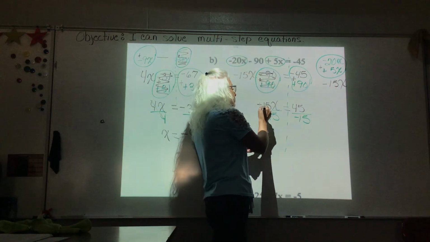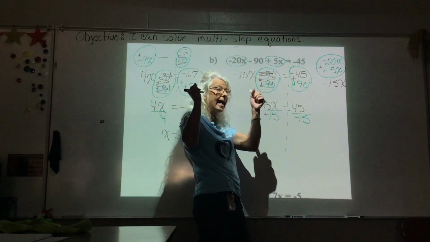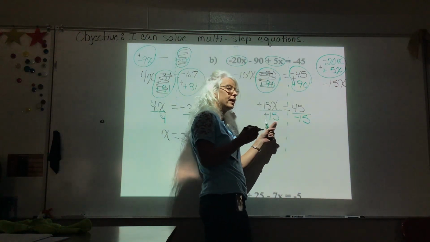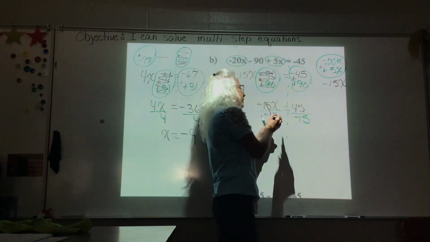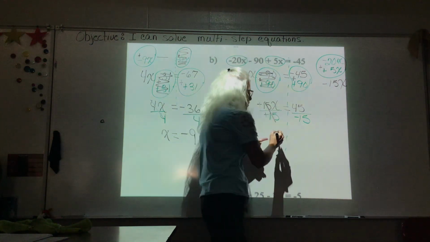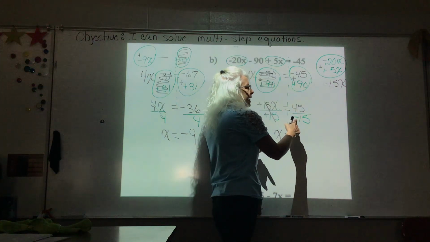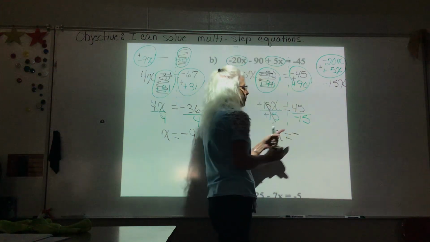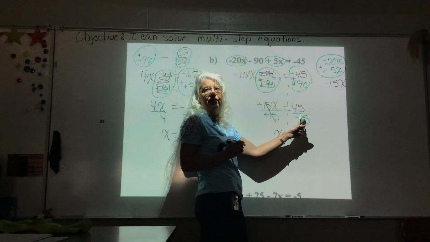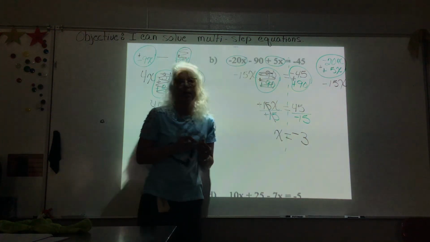So did we rip the positive or the negative away from the x? Yes. 15 divided by 15 is? 1. So did we rip the 15 away from the x? Yes. So literally 1x. Positive divided by negative is a? Negative. And then 45 divided by 15 is? Go ahead, stop the video.